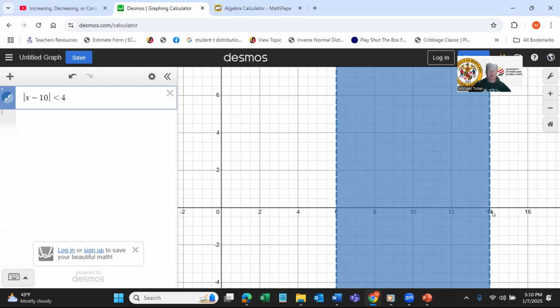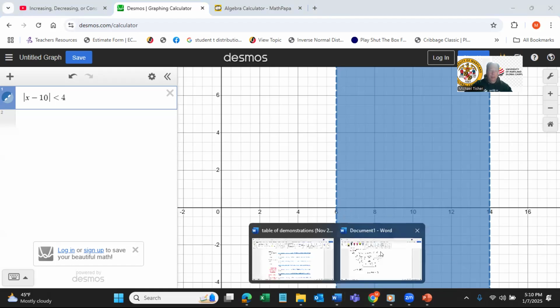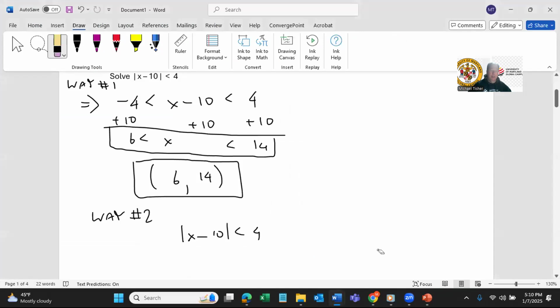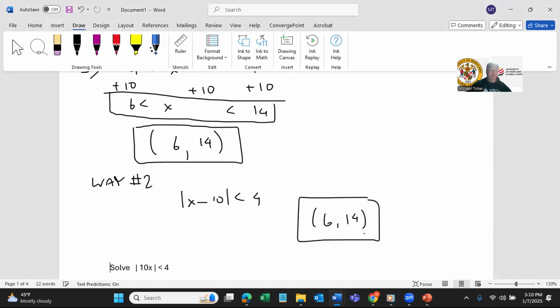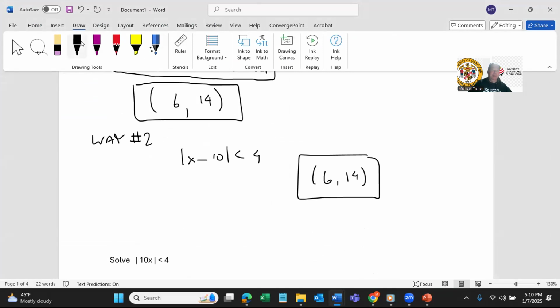So that's the answer there. Okay, that's a pretty nifty way to answer it, right? Well, let's do a way number 3 and see how nifty that one is.